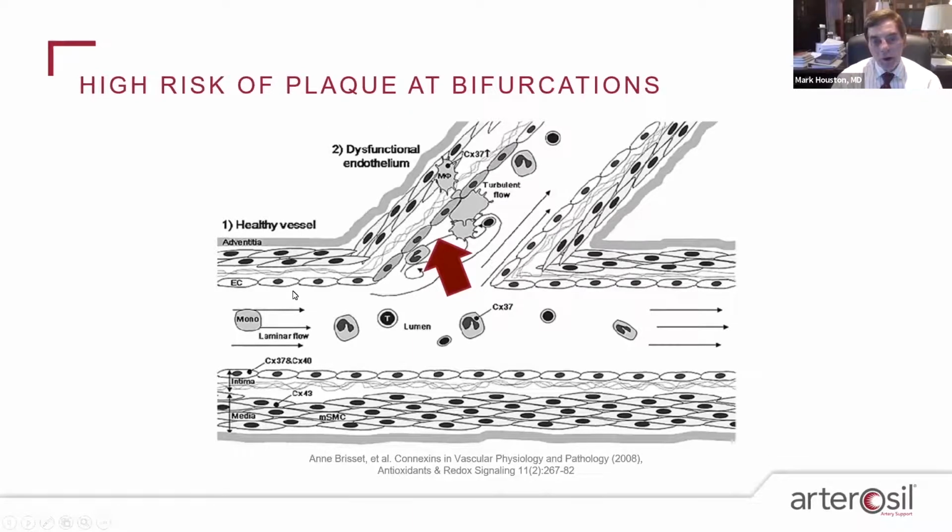So you've got a healthy artery, then you have the endothelial dysfunction, and here at the bifurcations where the shear stress is altered, you start to get all the leukocyte adhesion, platelet adhesion, turbulent blood flow, and eventually the glycocalyx is damaged, and then the endothelium is also damaged.